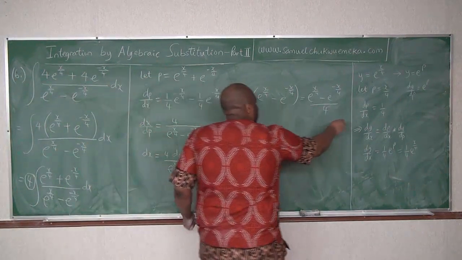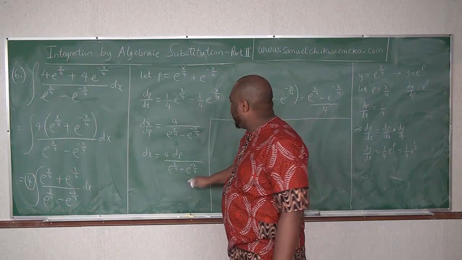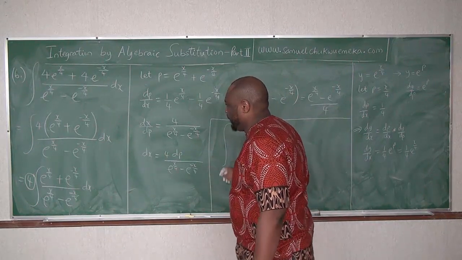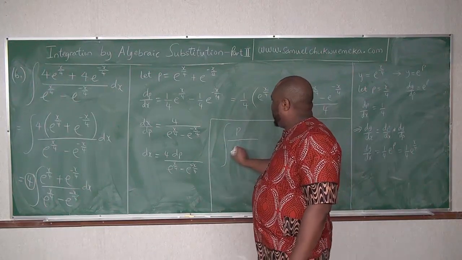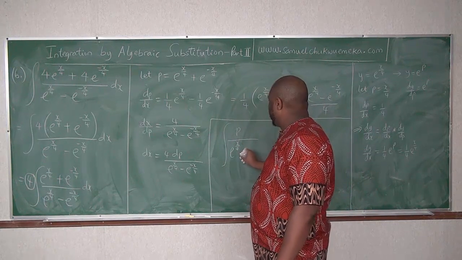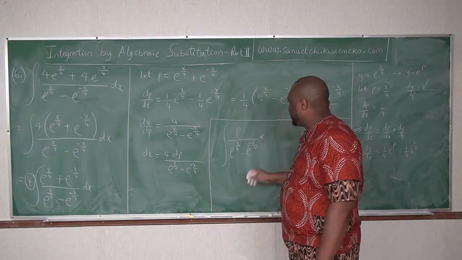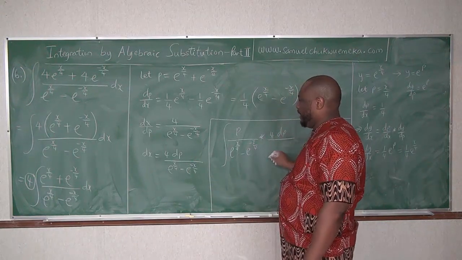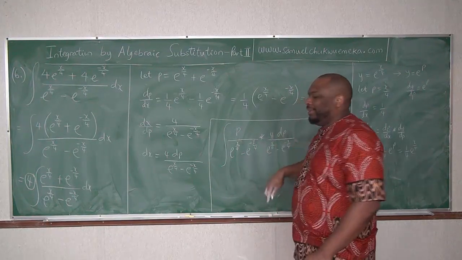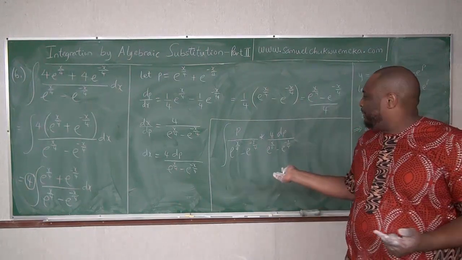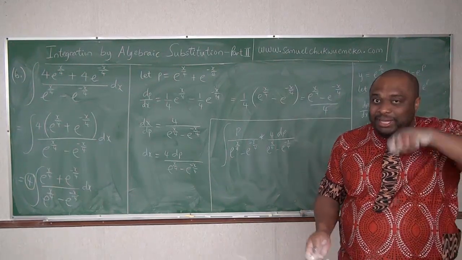Forget about that 4 for now. If you put this right here, this will be p over e to the x over 4 minus e to the negative x over 4 times our dx, which is 4 dp over e to the x over 4 minus e to the negative x over 4. You see the problem? It didn't cancel out.